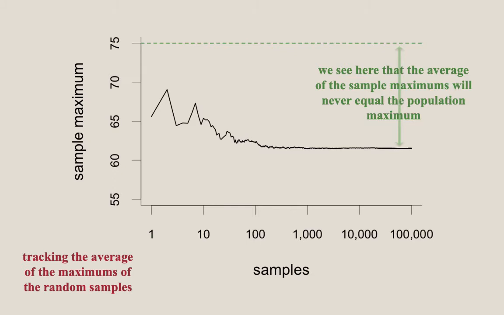The long-run average of the sample maximums does not equal the true population maximum. In the case of the means, sometimes we had samples that were below the true population mean, sometimes we had samples that were above, and in the end they balanced out. For the sample maximums, when we take samples, the maximum will always be below, so there's no way for it to balance out, and there's no way for it to end up at the highest value that the maximum should actually be.